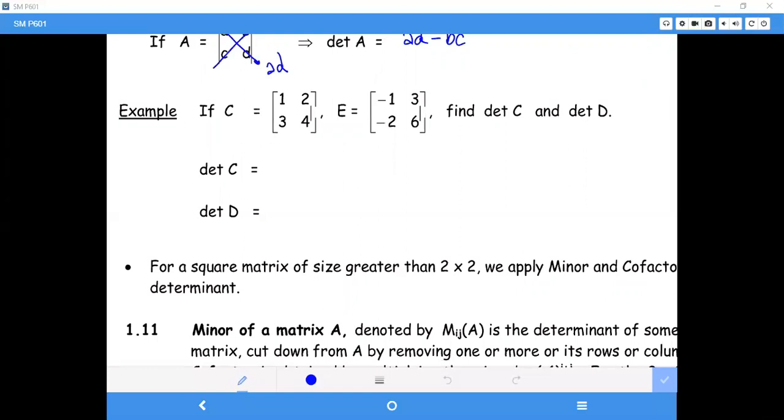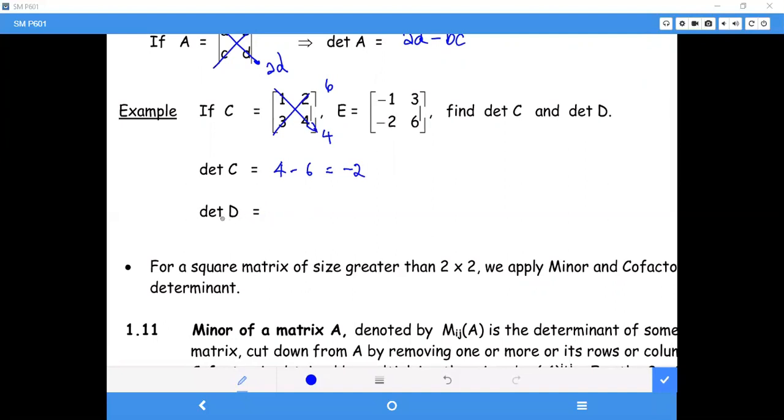Okay, so C looks like that. Determinant of C, let's find it. Cross down is 4, cross up is 6. So what you do is cross down minus cross up. That will be -2. So the determinant of C is -2.